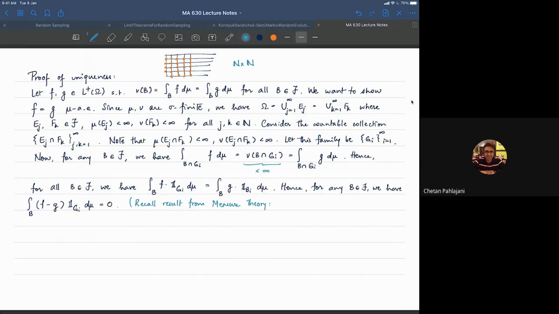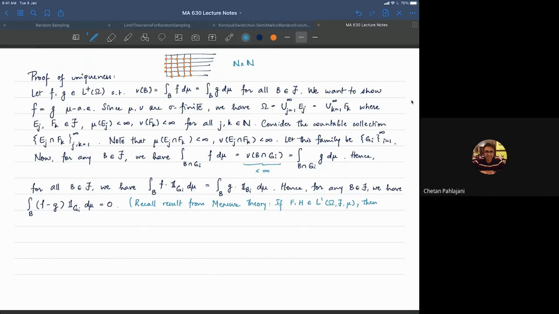And what is the result I want to recall? If capital F, and this is bad notation, let me say capital H. If capital F, capital H belong to L1 of omega, F, mu, then the following are equivalent.